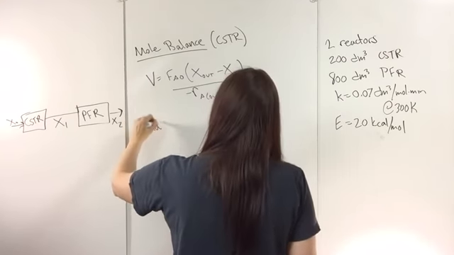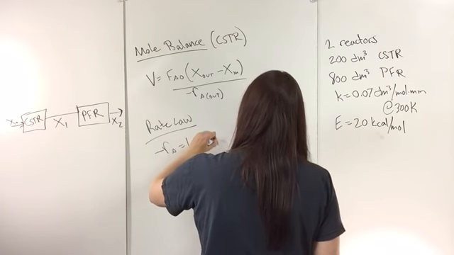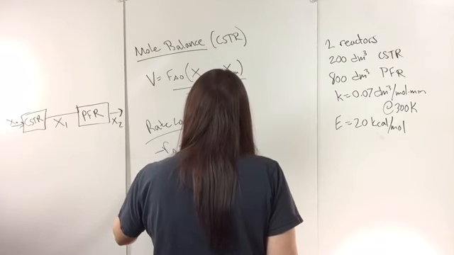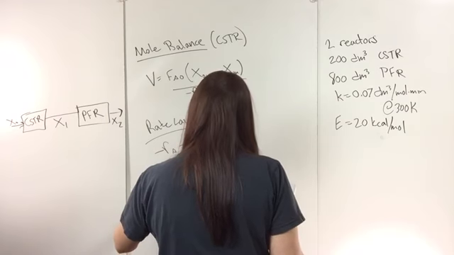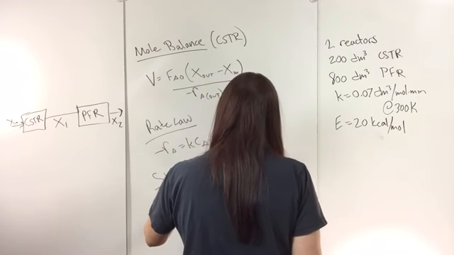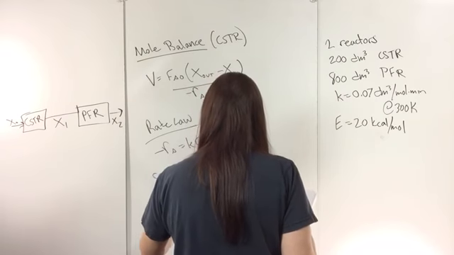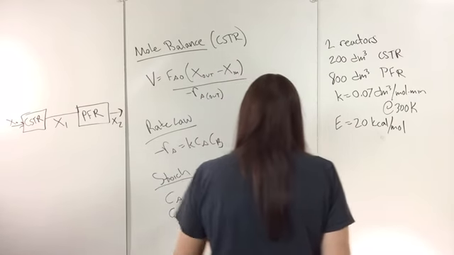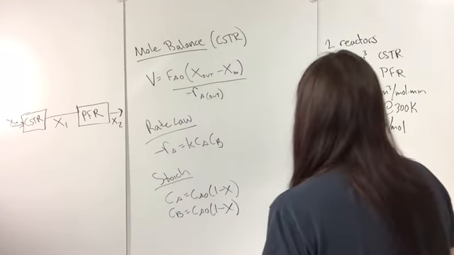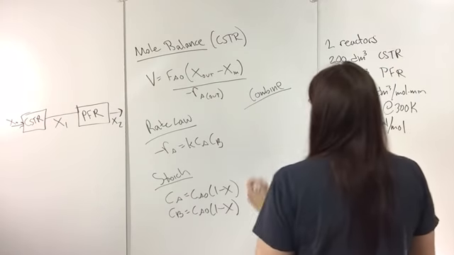Now the rate law: minus Ra, and I said it was elementary, so this is just K Ca Cb. Stoichiometry, I said it was liquid, so Ca is Ca naught (1 minus x), and Cb is equal to Ca naught (1 minus x). Then you just combine everything. Since this is a CSTR, you're going to get an algebraic expression.